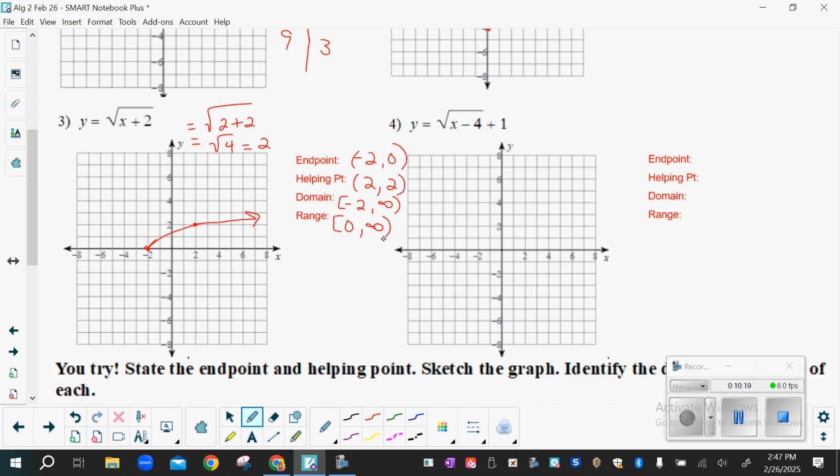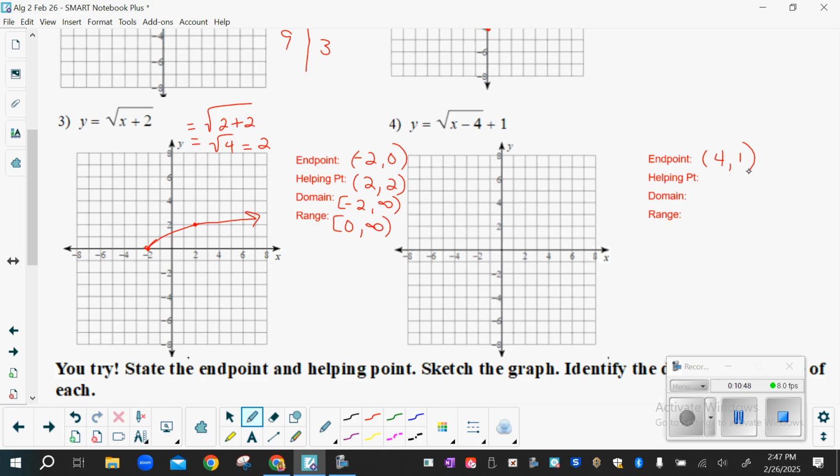Okay, so last one. Back here, what's my vertex? On number 4. It is 4, 1. Questions on how we got 4, 1? Because if you can't do that, you're not going to be able to do it. You always switch that. And so inside that square root, you always take the opposite of that.